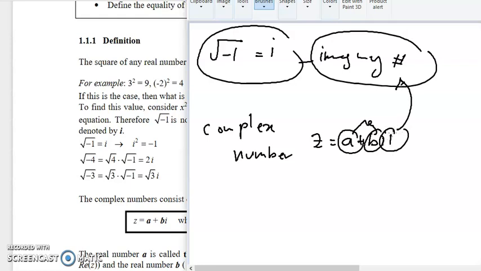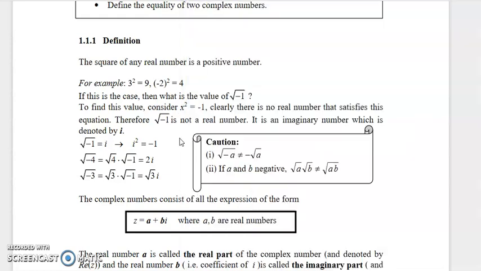What is the imaginary number? It is the square root of -1. If you try to look here, there is no real number that satisfies the square root of -1, right? So therefore, the square root of -1 is not a real number. It is an imaginary number. So we denote it as i here. So the square root of -1 is equal to i.